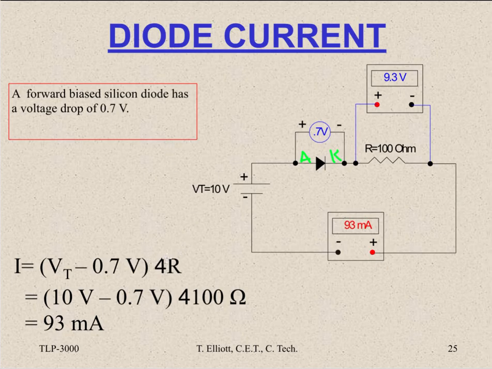It has been a very long time since I looked at this. So 9.3 volts divided by R, divided by 100, equals 93 milliamps.